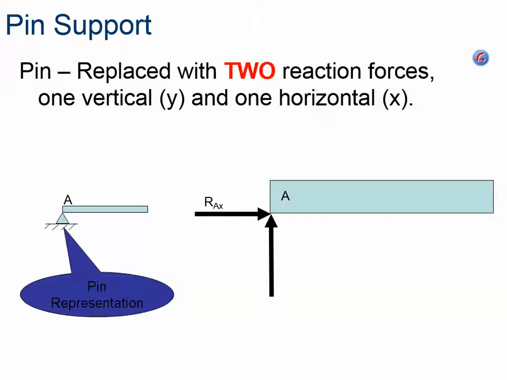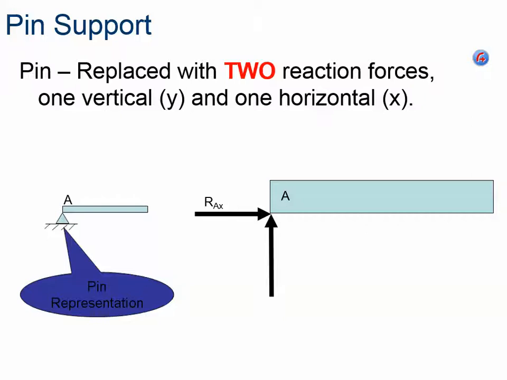What do you think we're going to label the other one with? Is that other force that's pointing upward a reaction force? Nod your heads. Yes, it is. It is a reaction force. What point is it at? It's also at point A. What direction is it in? Well, what do we label the vertical direction with?